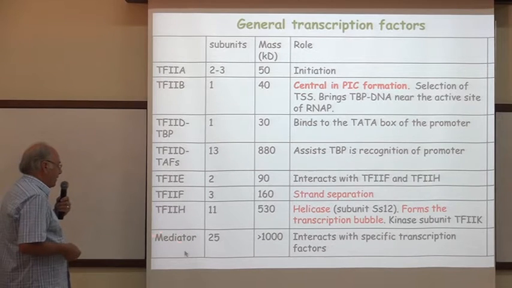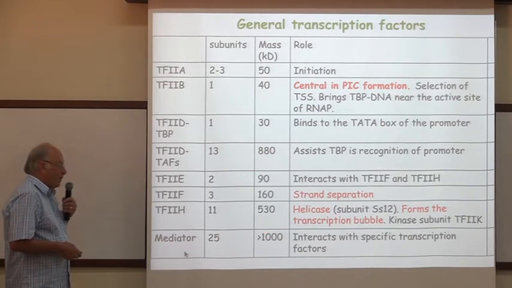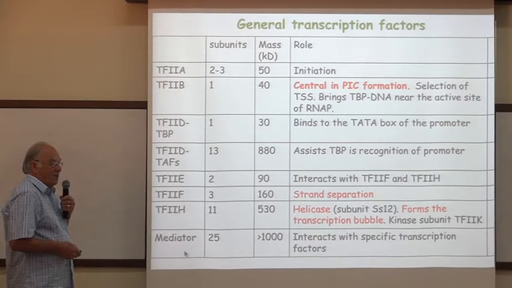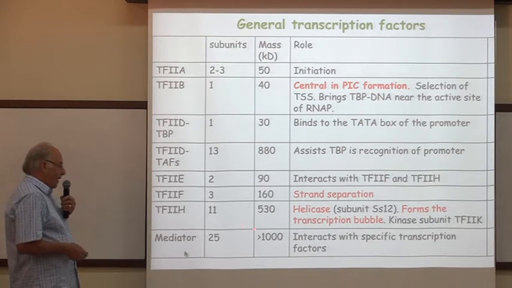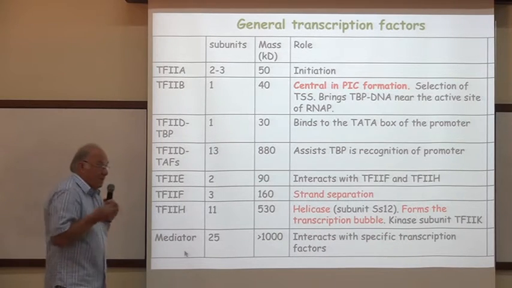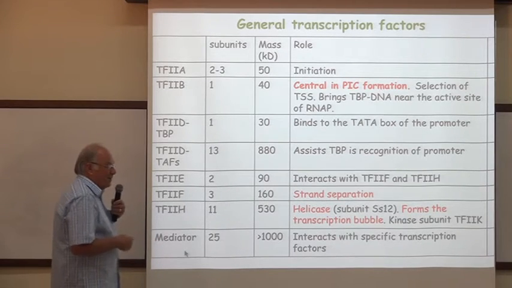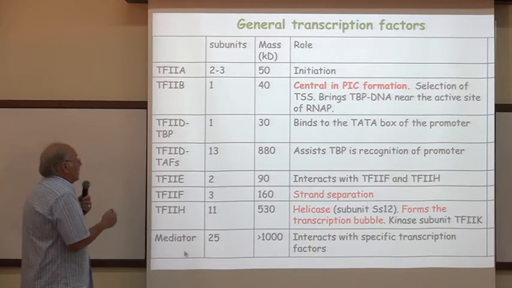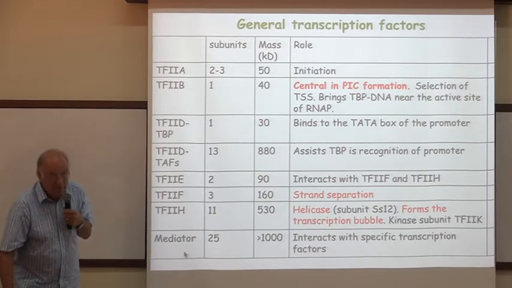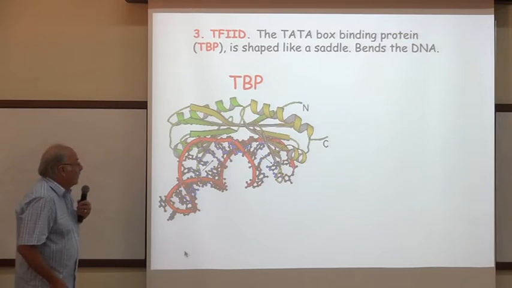And then we have something very big here, mediator, which has 25 subunits and a total mass more than 1 million, which interacts with the gene-specific transcription factors to mediate the information to the RNA polymerase.